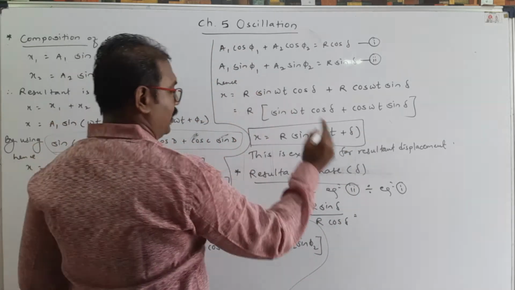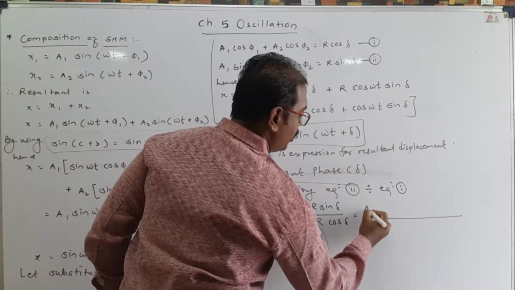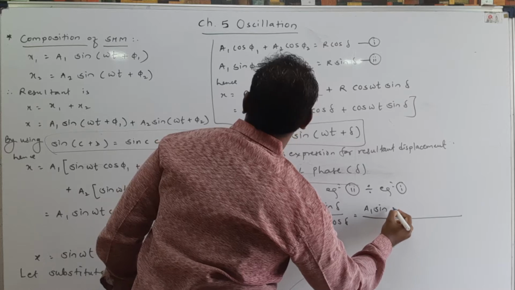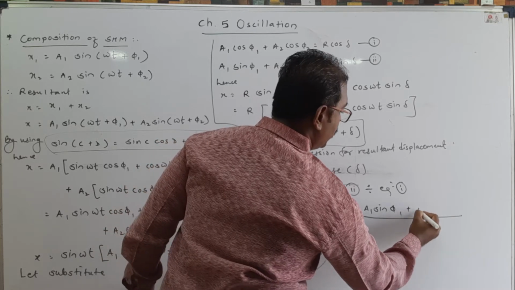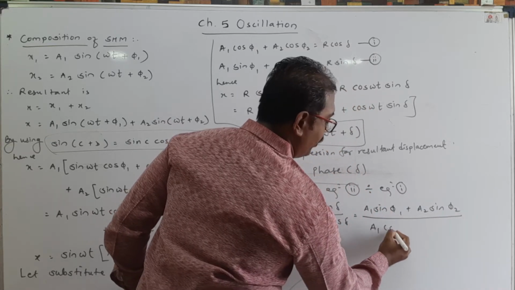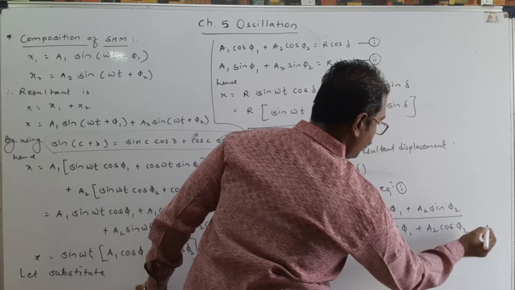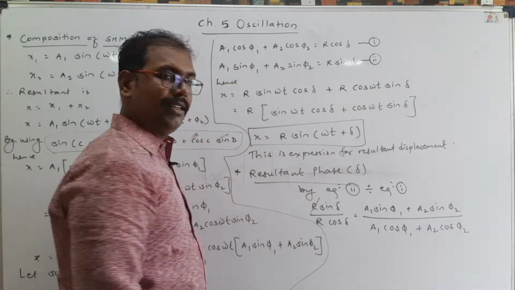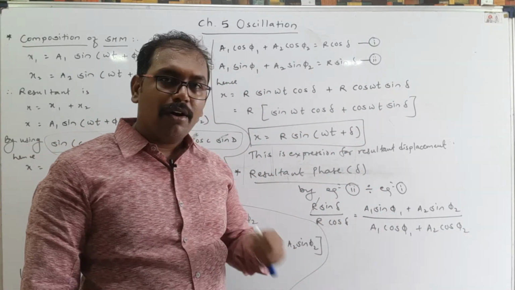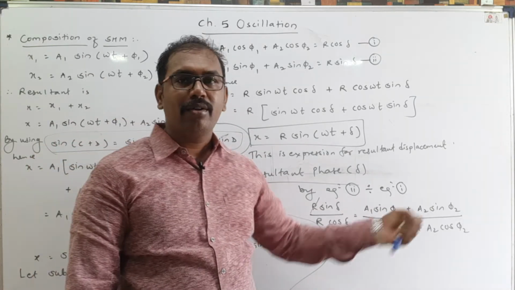this term divided by this term. So A1 sin phi 1 plus A2 sin phi 2, divided by A1 cos phi 1 plus A2 cos phi 2. Now here R gets cancelled. Sin delta by cos delta is tan delta. Tan delta is equal to this.